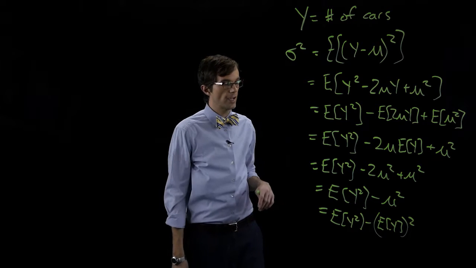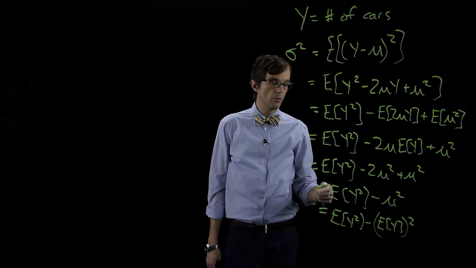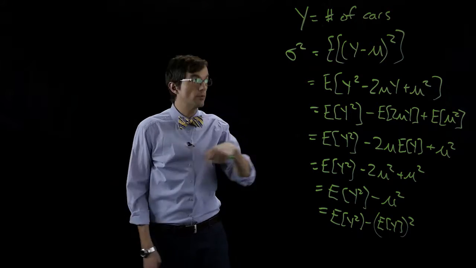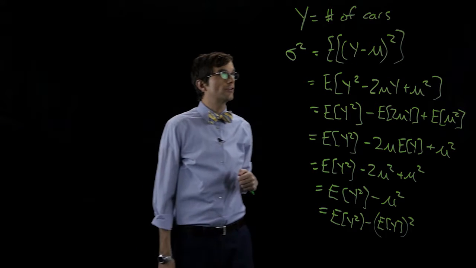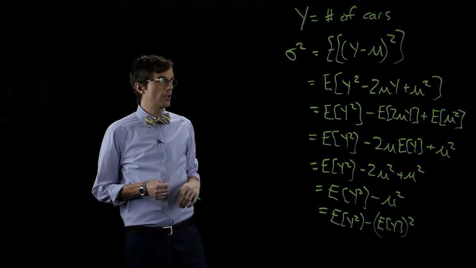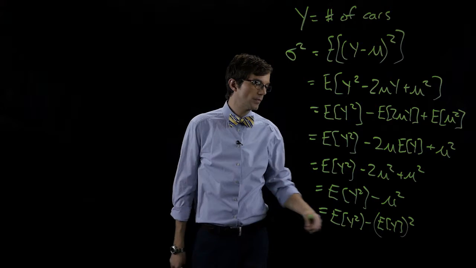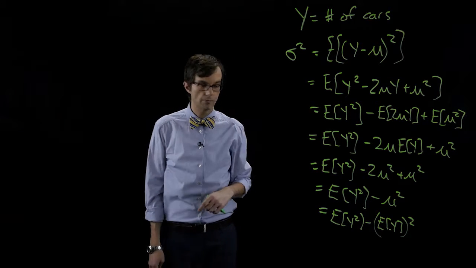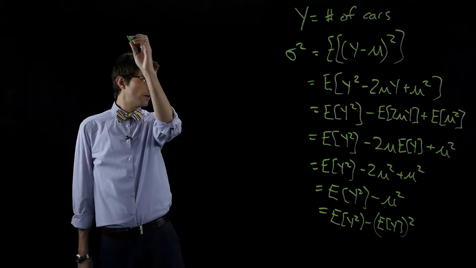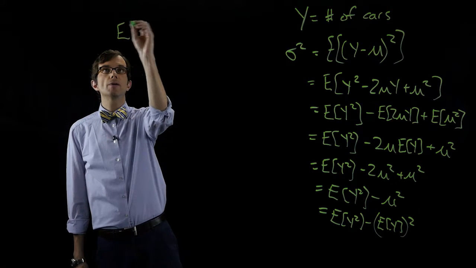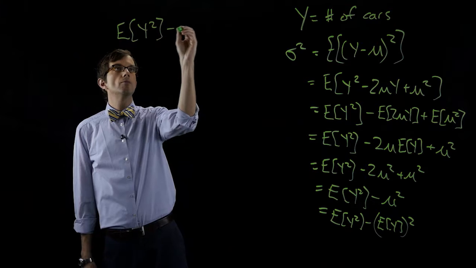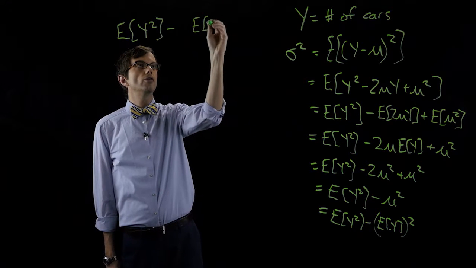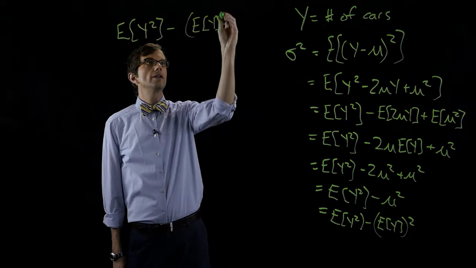So now what are the implications for us? We have that particular traffic example, number of cars at the intersection of 9th Street and Kahika in Pawhuska, Oklahoma at 7 p.m. And we want to find what's this variance value there, okay? So we go over here, and that's the expected value of y squared minus the expected value of y quantity squared.